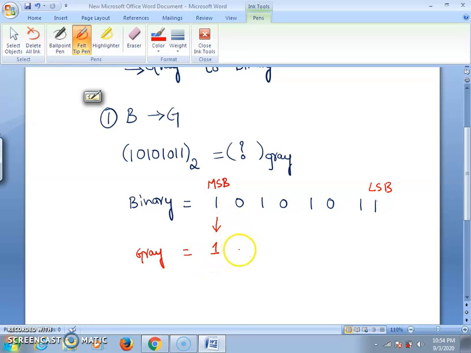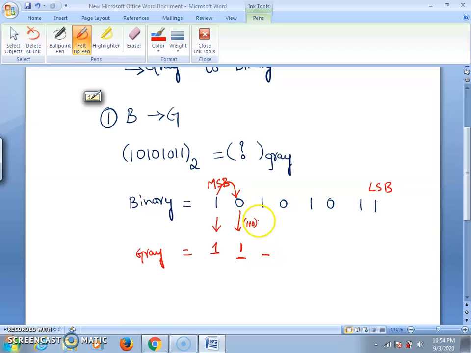Next, for the next bit, I add the MSB to the next lower significant bit. That means I add these two bits: 1 plus 0 is equal to 1.